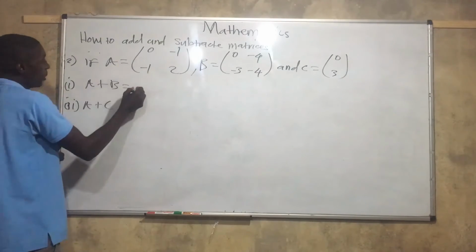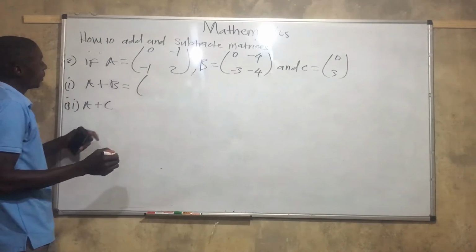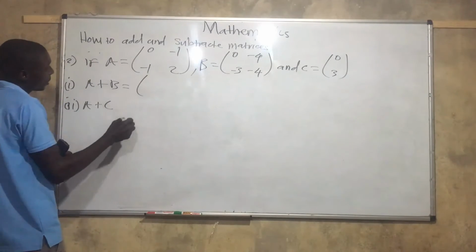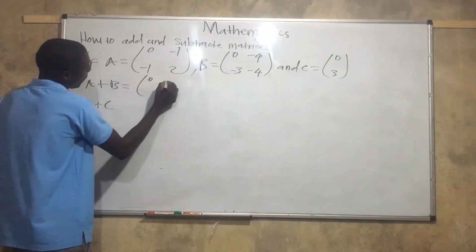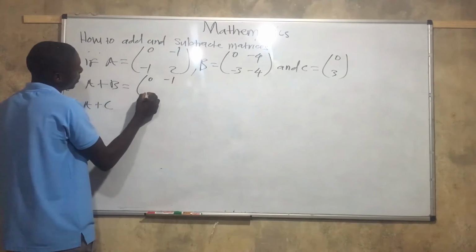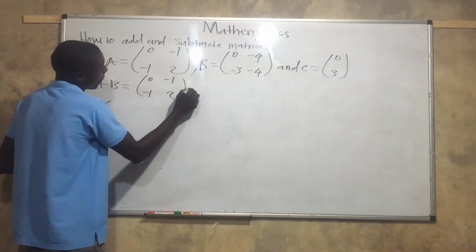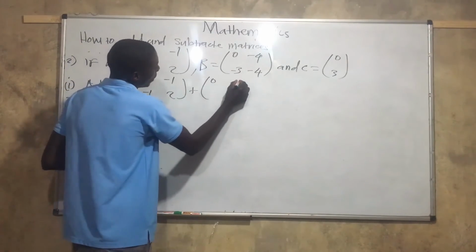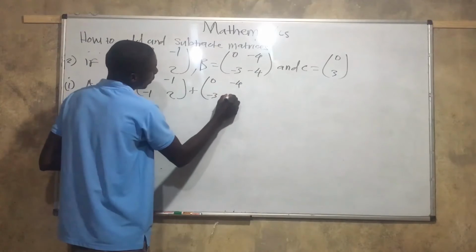The first one will be, we'll get the first matrix, which is A, as the way the question is arranged. So we'll say 0, -1, -1, 2, plus B, which is 0, -4, -3, and -4.